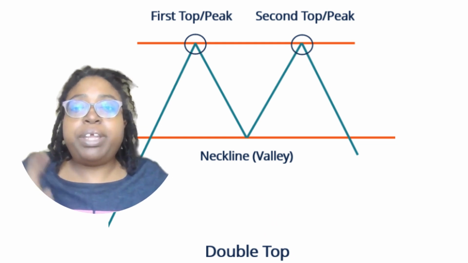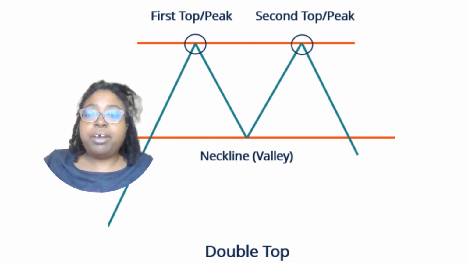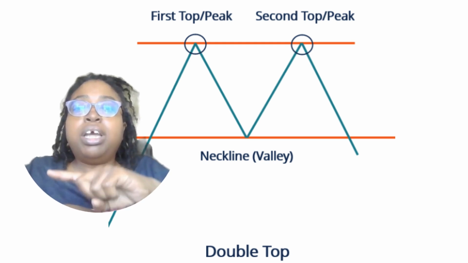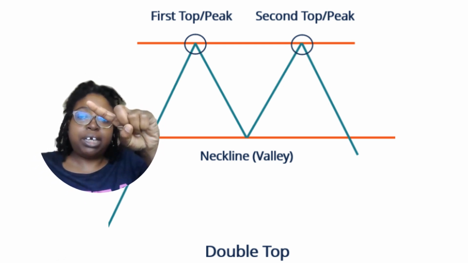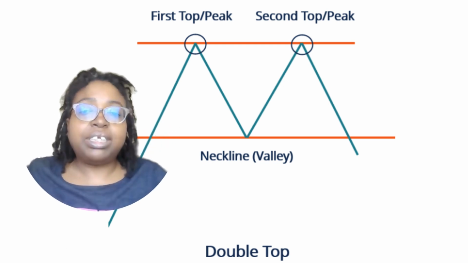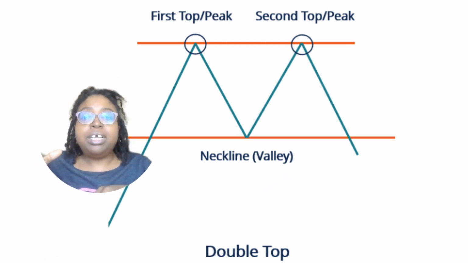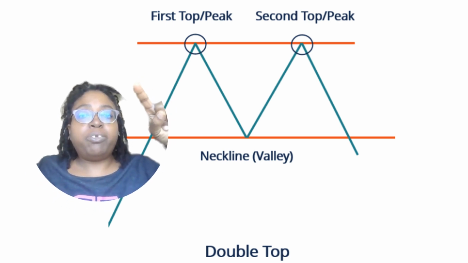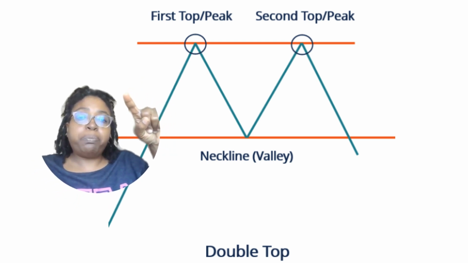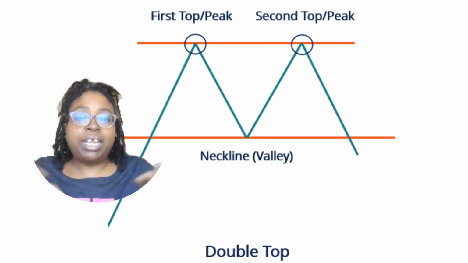Okay, so here is a diagram showing pretty much what I stated, how price is moving up and then it reaches its first peak or its first top and price descends, creating what is considered a neckline. Price then again rallies up, cannot break the previous top or peak, and it sells back down and breaks that neckline.